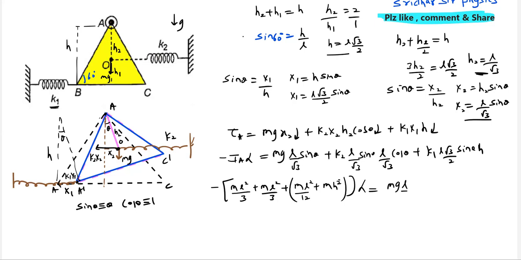Simplifying all: mgl root 3 theta, k2 l square by 3 theta, k1 h, where this h also I write as l root 3 by 2. So 3 k1 l square by 4, and this will be theta. Solving all this, simplifying, we'll get the equation for SHM.